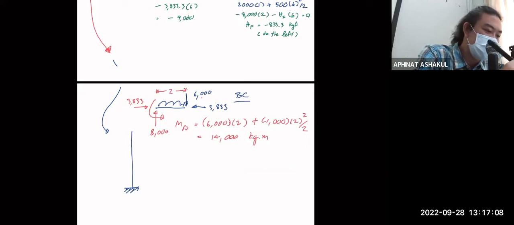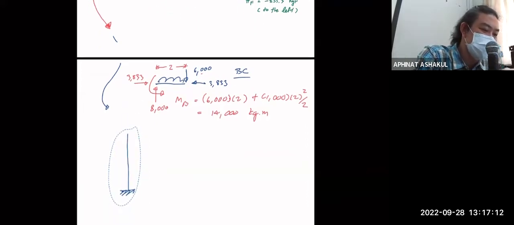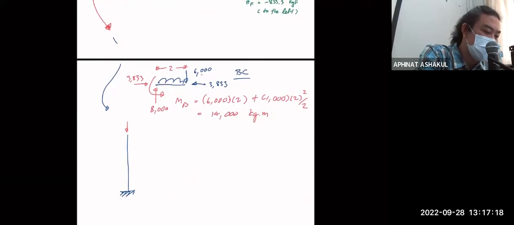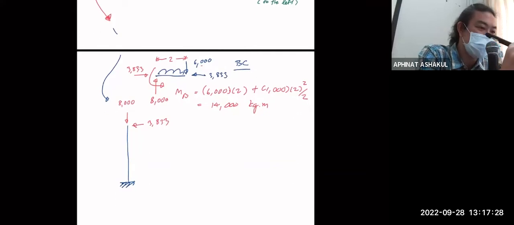And again, wrong plan. I'm gonna move that a little bit closer. So we have the force coming in from here, 8,000 downward. This one goes to the right, and this goes to the left, which match with the reactions, right?